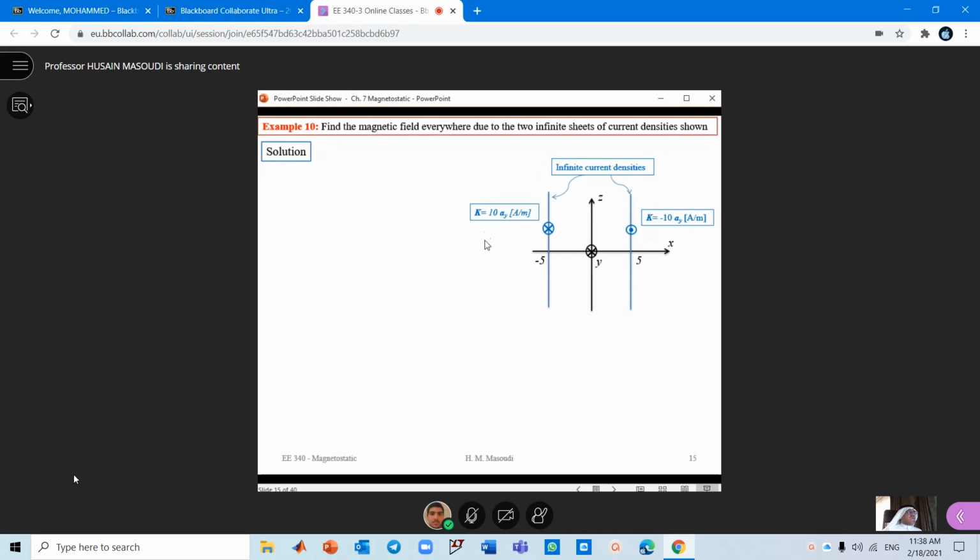And when it is less than -5, we find it in here. Let me give you a few minutes, and then I need your answer. You know what to do, and the expression that we just developed is half K crossed with a unit vector normal to the sheet. So tell me what we should do.